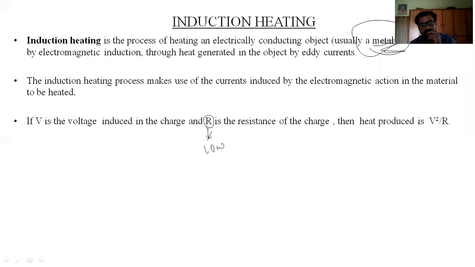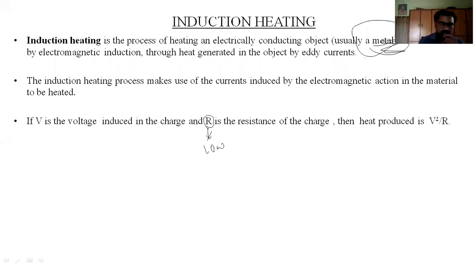Whenever a supply is given to the primary winding, a flux is generated at the primary side, and the flux circulates through the core and mutually induces currents at the secondary side. The current produced at the secondary side due to mutual induction is supplied to the load. So this is the transformer principle.